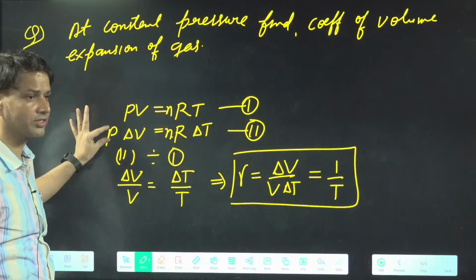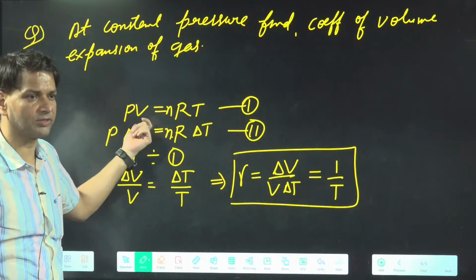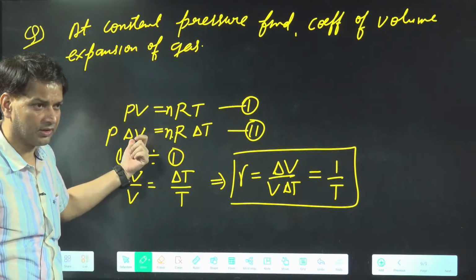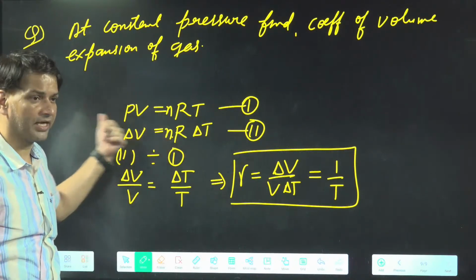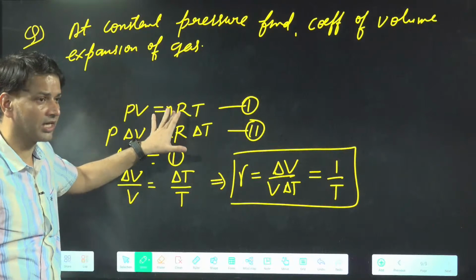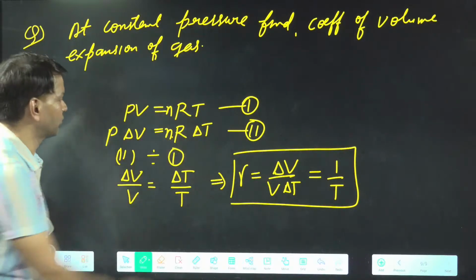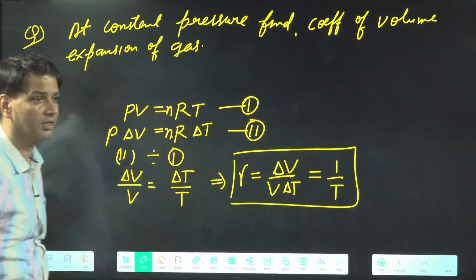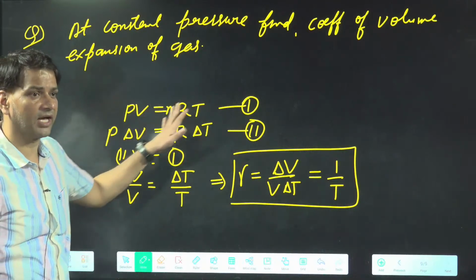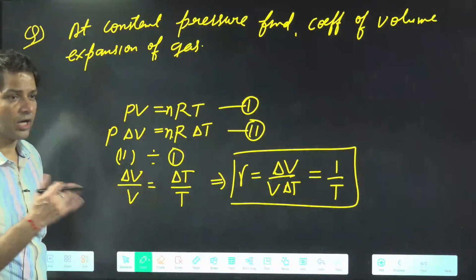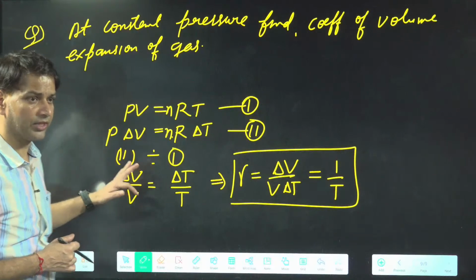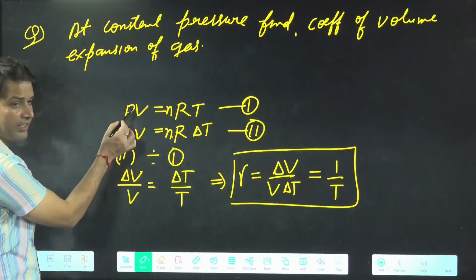Pressure is constant, so only volume is variable, so P delta V is equal to nR delta T, since n and R are constant and only temperature may vary. Now the gamma formula is delta V by V into delta theta.